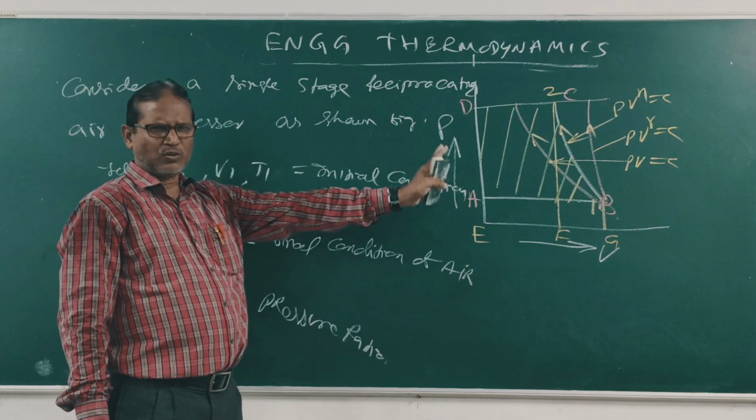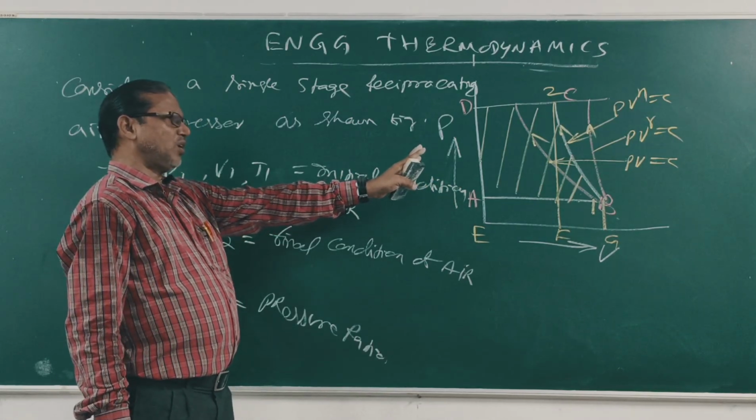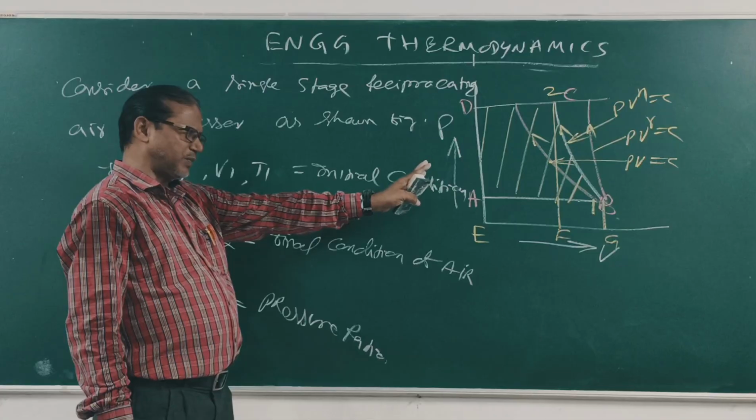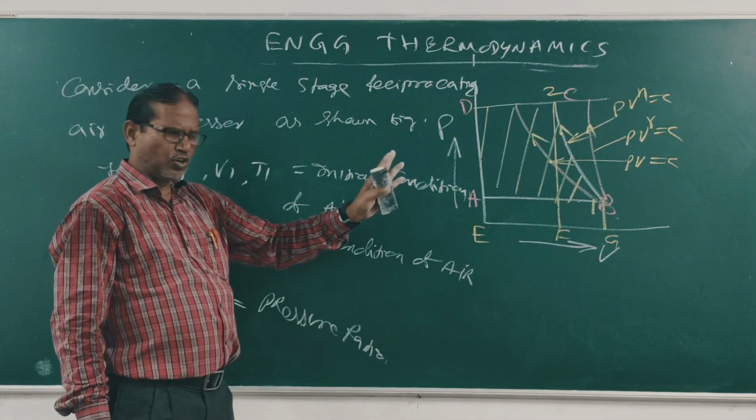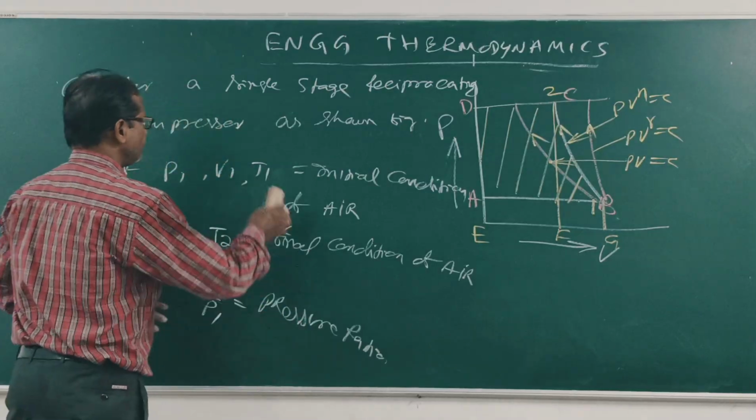Now there is compression from 1 to 2. First I will derive the expression for process PV^n constant.